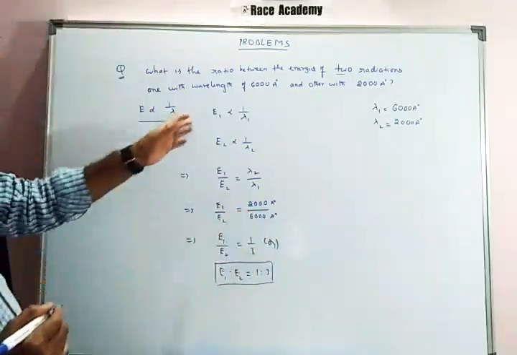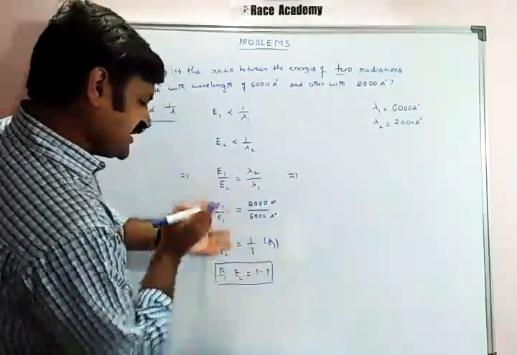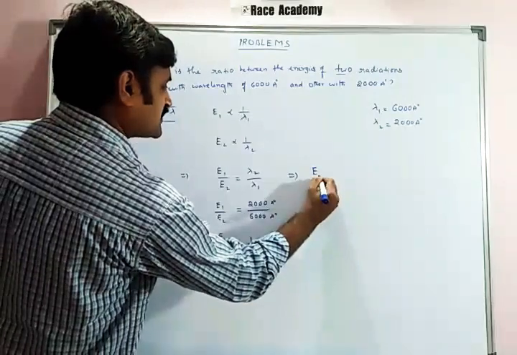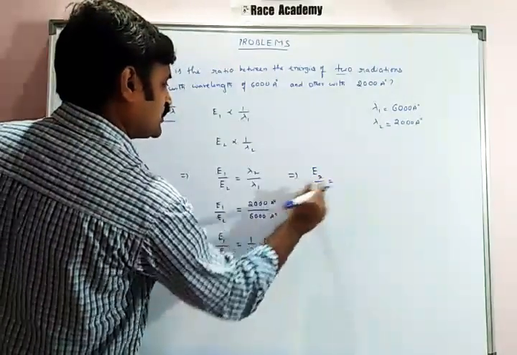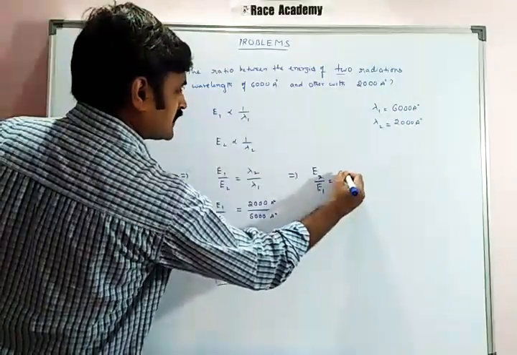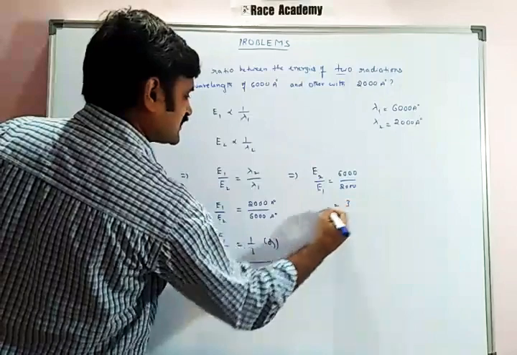This is the answer. Or else, if you want to do it differently, E2 by E1, what will be the answer? E2 by E1 is equal to 6000 by 2000, so you will get the answer 3.